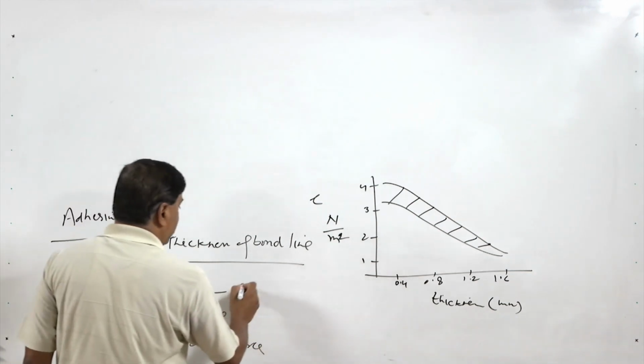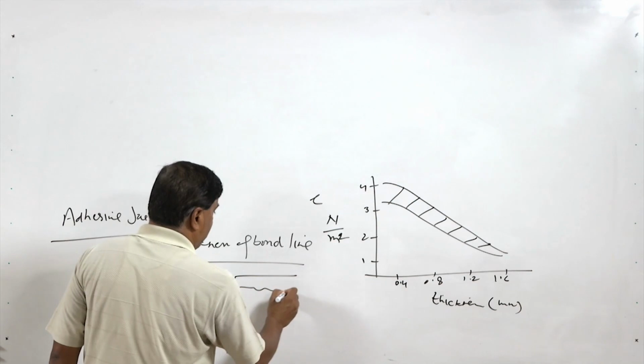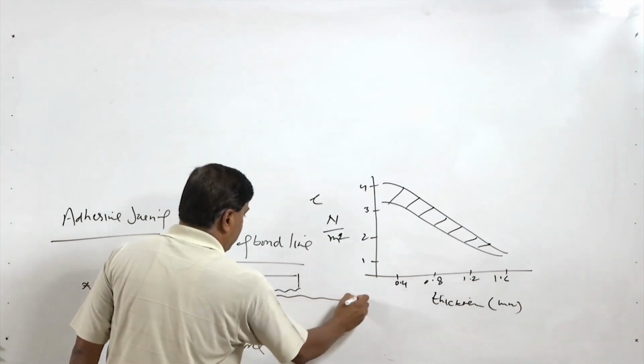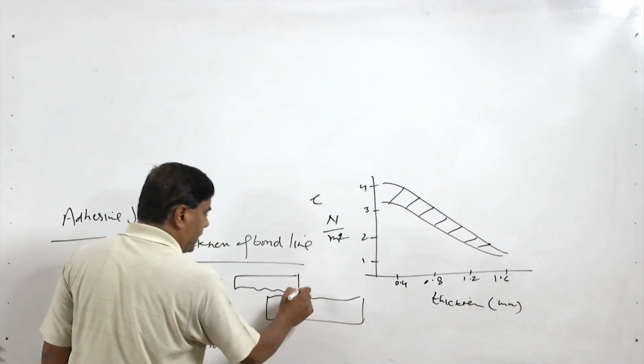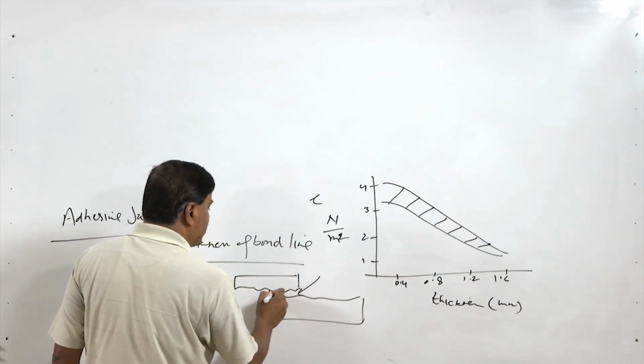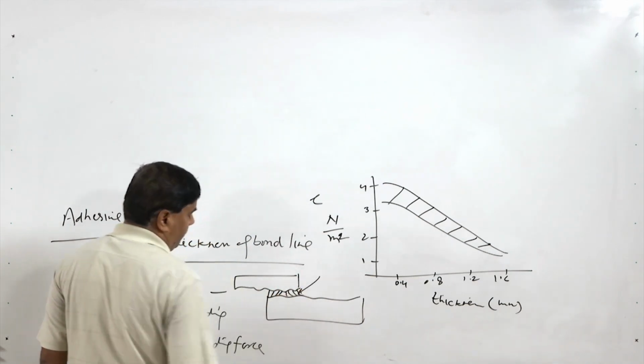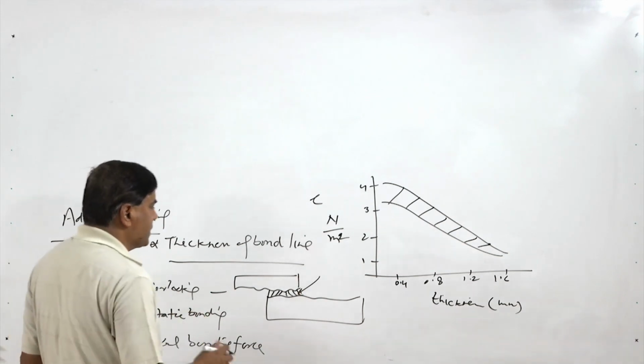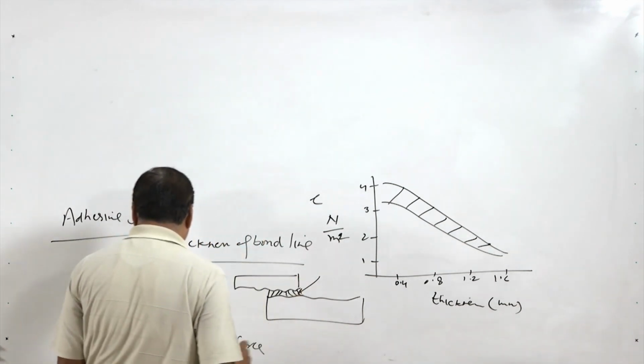So, mechanical interlocking: basically all the surfaces have irregularities, peaks and valleys at the surface. So, when adhesive is applied, it fills in the peaks and valleys of the surfaces, and thereby it provides the mechanical interlocking.